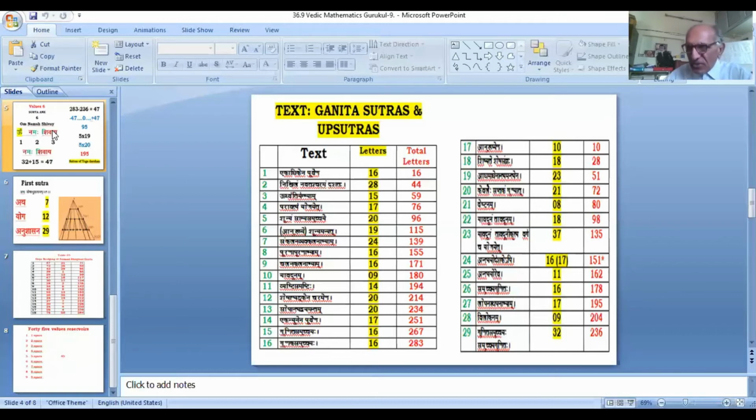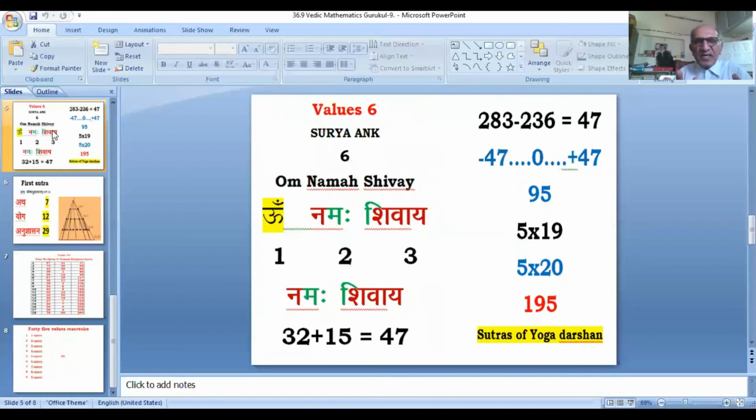To have an appreciation of this feature, let us visit again value 6, Surya Ank, and see Om Namah Shivaya. Om Namah Shivaya is a 5 letters mantra of the Transcendental Lord Shiv, which leads us to the self-referral domain of our solar universe.